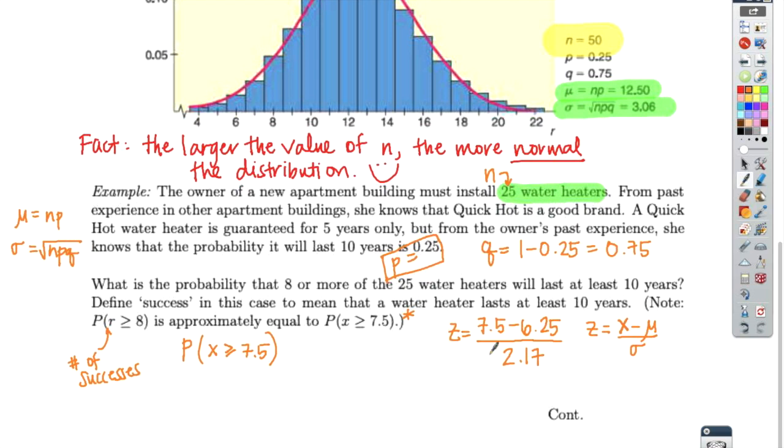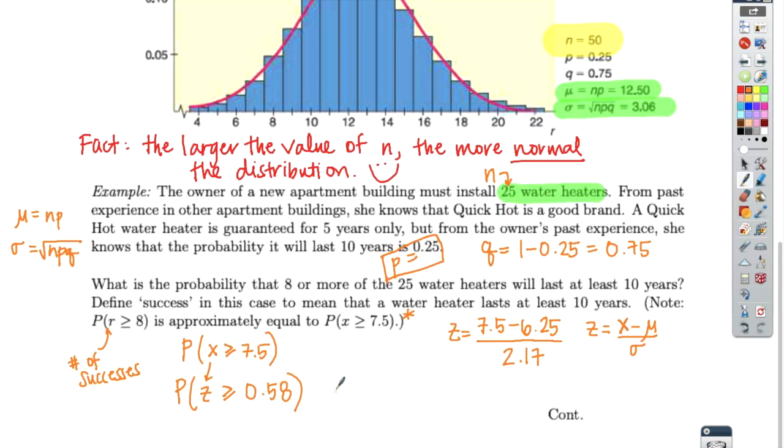When I convert this to Z, throwing that in my calculator, 7.5 turns into 0.58. So the probability that X is greater than or equal to 7.5, converted over, is the same as the probability that Z is greater than or equal to 0.58.